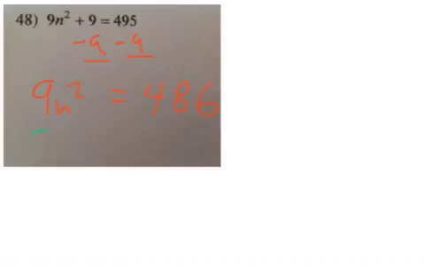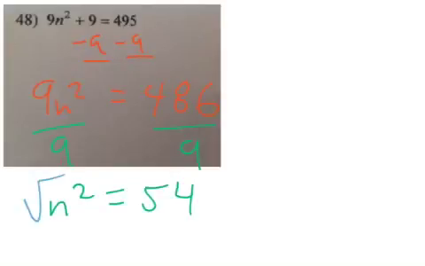And then I can just solve it straight up. I can go ahead and divide by 9. And see how I have n squared all by itself equal to 54. And since n squared equals 54, well, let's just square root n squared. And hopefully we know a square root is the inverse of squaring.